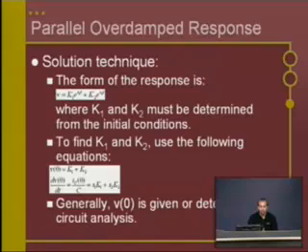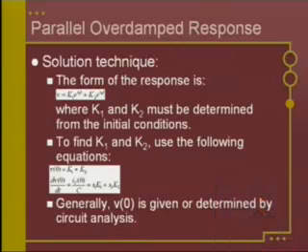So what we can almost cheat and do is say that the derivative of the voltage at time 0 is the value of the current through the capacitor at time 0 divided by the capacitance, which equals S1 K1 plus S2 K2. So again, you just plug and chug.